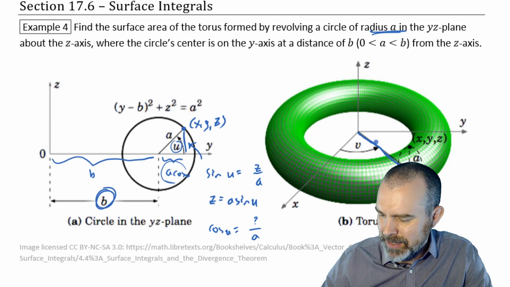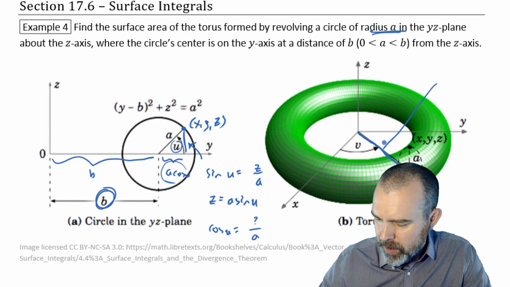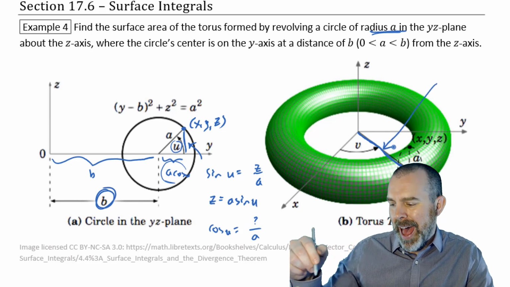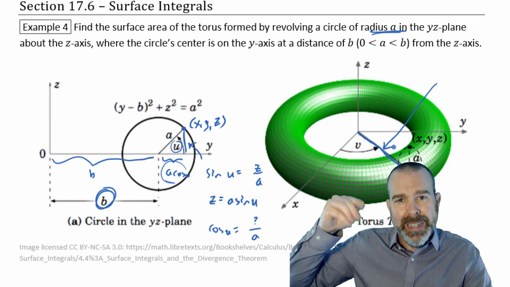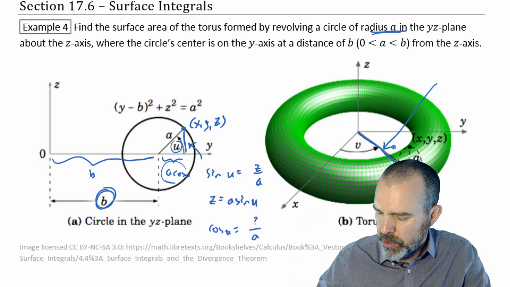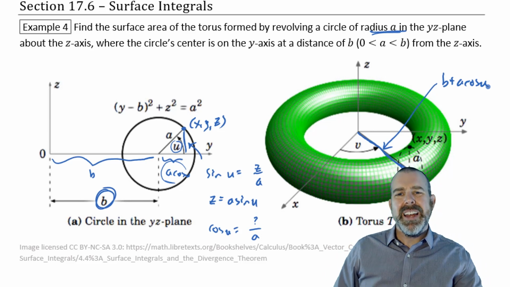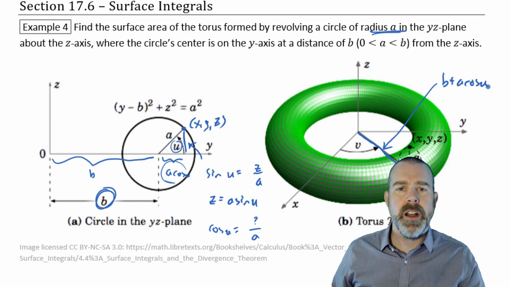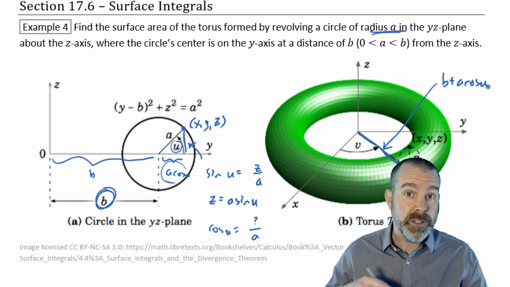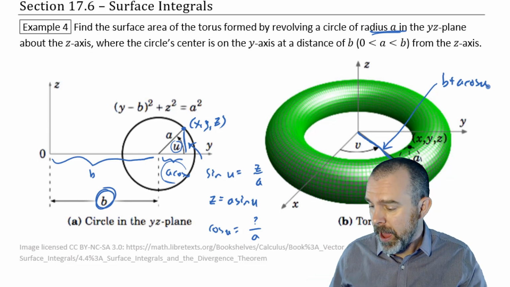That means the distance from the origin out to directly underneath our point, in the xy plane, should be b plus a cosine u. So our final challenge is to figure out what the x and y are.